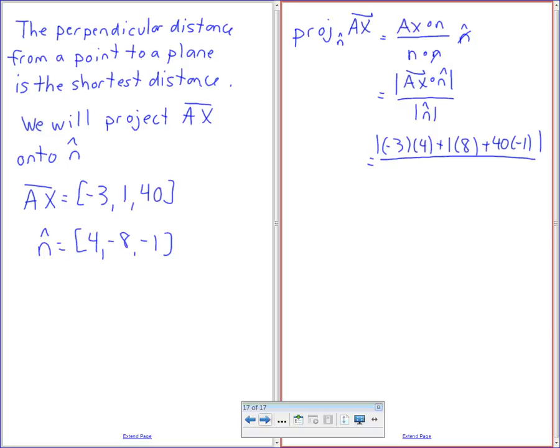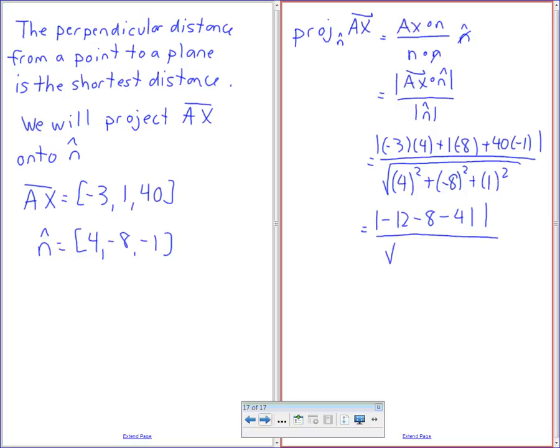All right, how do you get the magnitude of N, please? So this turns into the magnitude of -12 minus 8 minus 40, all over the square root of 16 plus 64 plus 1, which equals the magnitude of -60 all over root 81. 40 times -1 is -40.